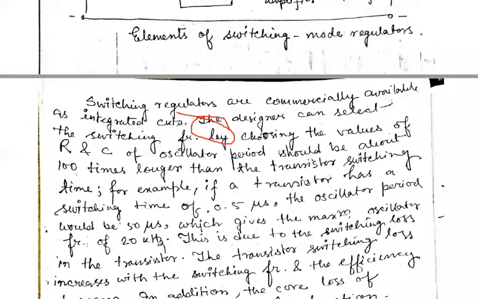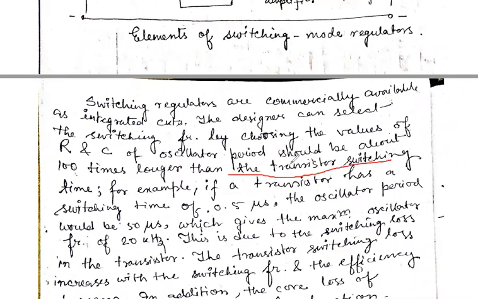The switching regulators are commercially available as integrated circuits. The designer can select the switching frequency by choosing the values of R and C of the oscillator. The oscillator period should be about 100 times larger than the transistor switching time.